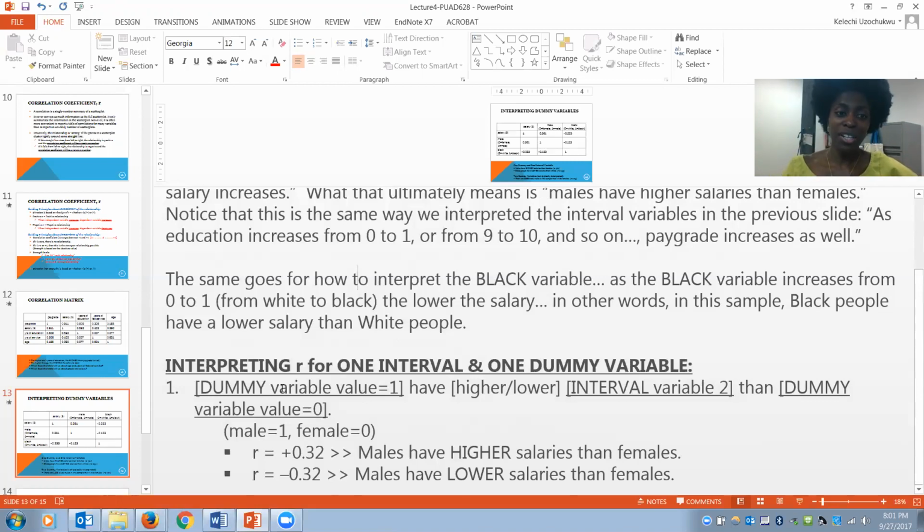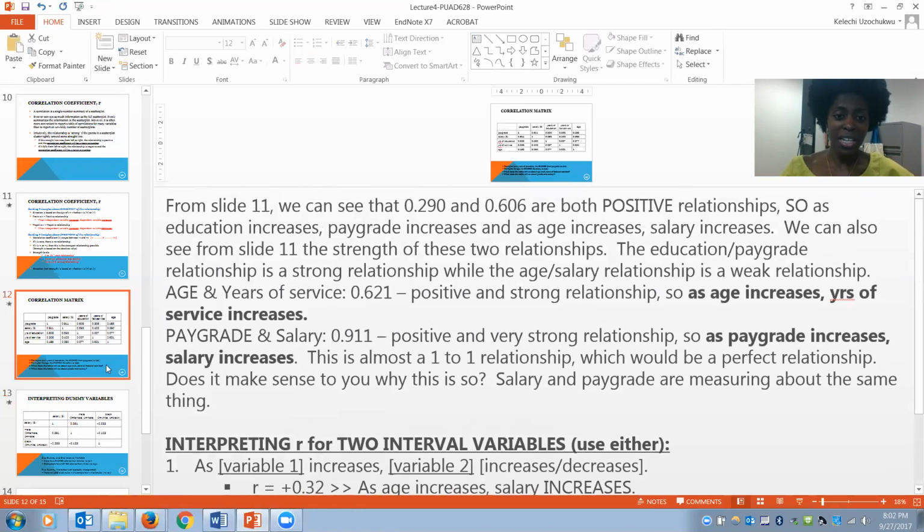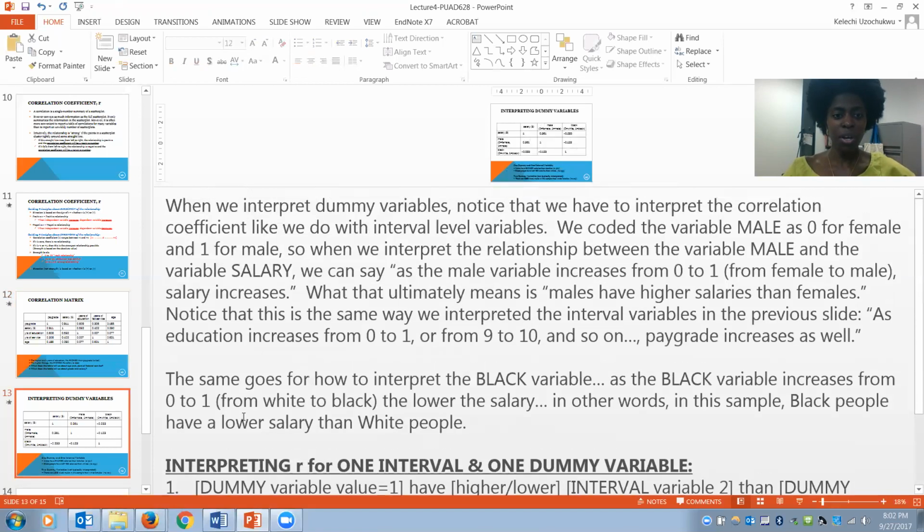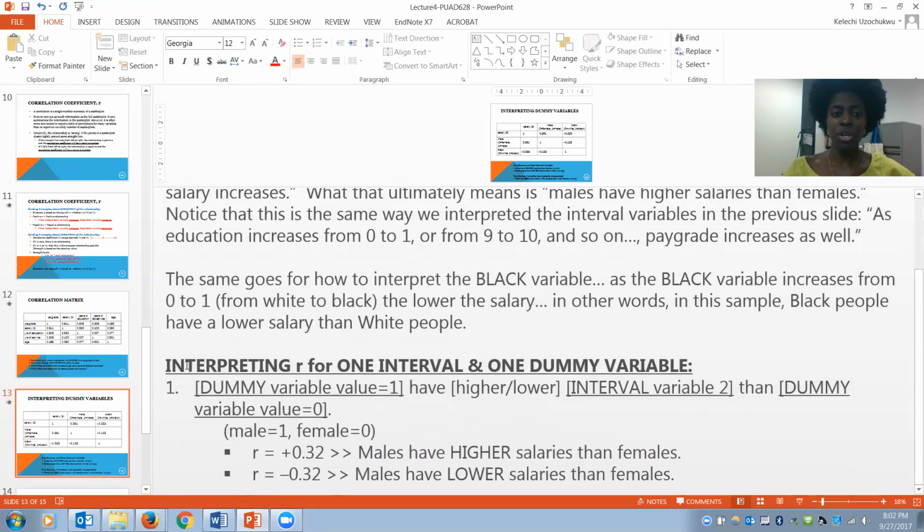Because we knew how to do it in our previous slide, right? Interpreting two interval variables, again, we can use either. Here we go. We have interpreting an R for one interval and one dummy, okay? And how do we do that? Literally, if you follow this, there's no going wrong.